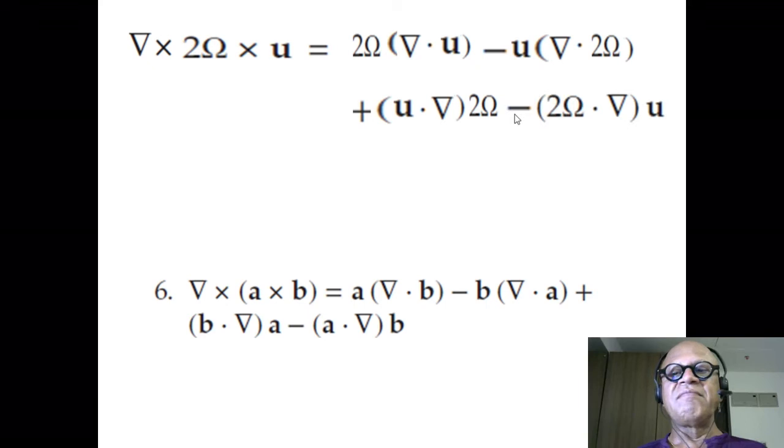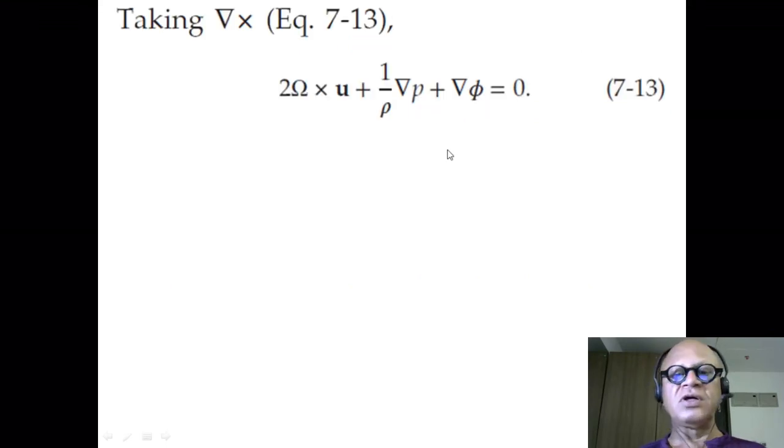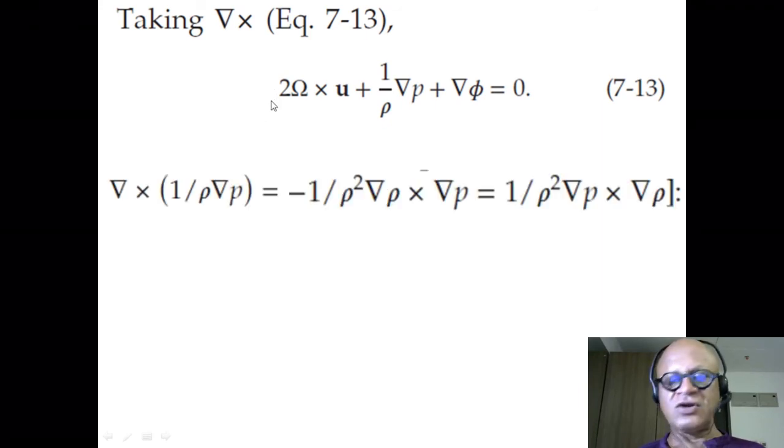Okay, minus (2 omega dot grad) u. So each of these terms is given here, and you can begin to see which term will go to 0. So going back to our equation of f equals 0 and du/dt equals 0, we take the grad cross, and do one term at a time.